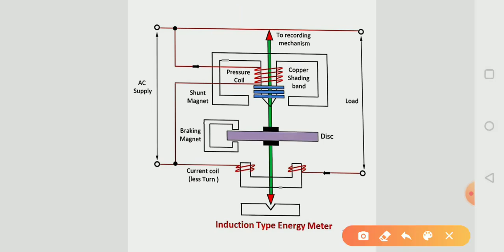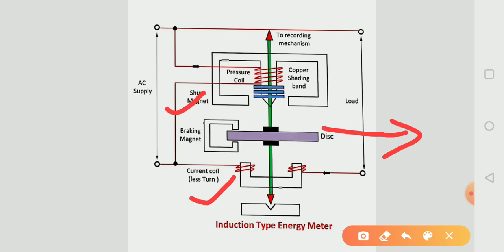Here we can see that the induction type of energy meter consists of two electromagnets. One is the series magnet and the second is the shunt magnet. In between these two magnets we have an aluminium disc.